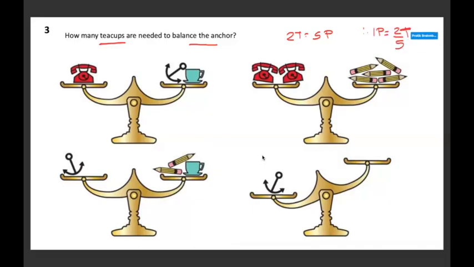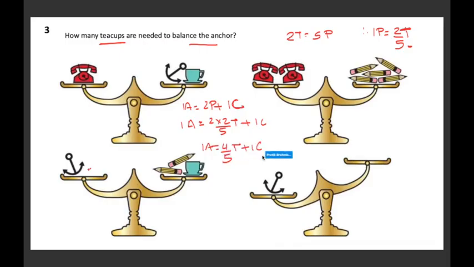Now from this, when we come here, 1 anchor is equal to 2 pencils plus 1 cup. So 2 into 2/5 telephones plus 1 cup is 1 anchor. So 1 anchor will be 4/5 telephones plus 1 cup.